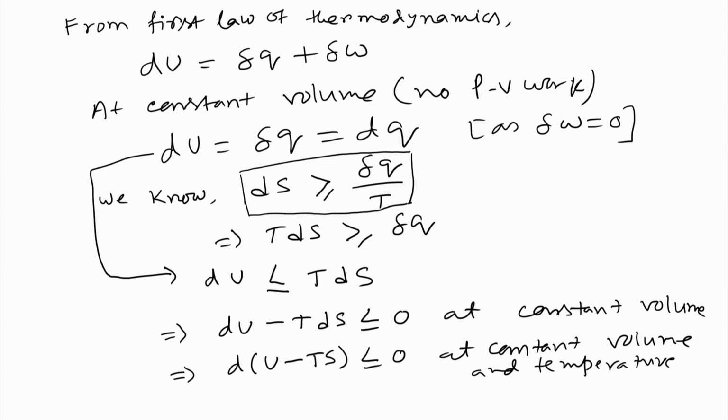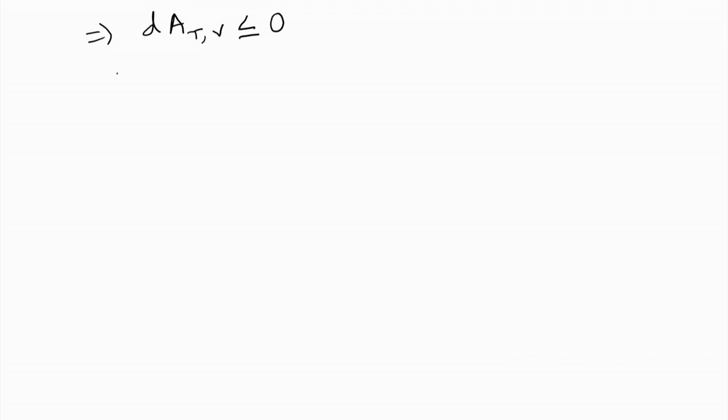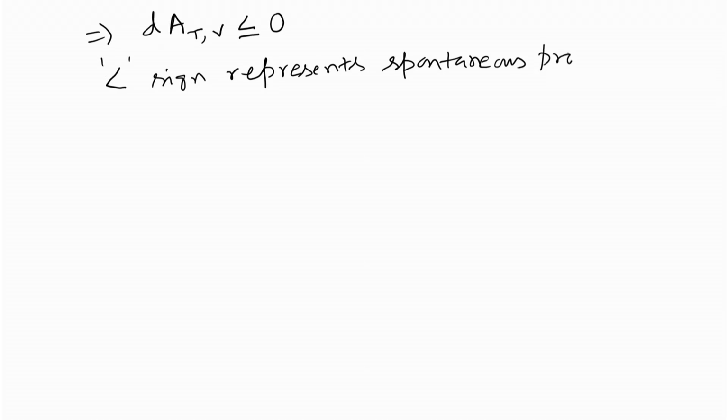So, if you correlate with that and this expression, we can say this negative sign represents spontaneous process, and the equal sign represents equilibrium.